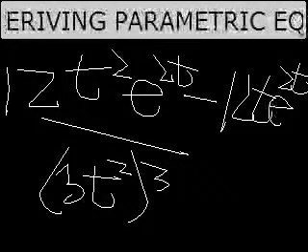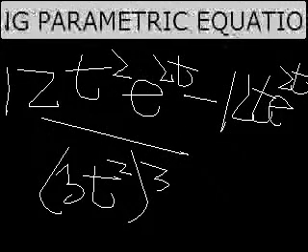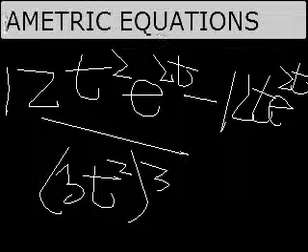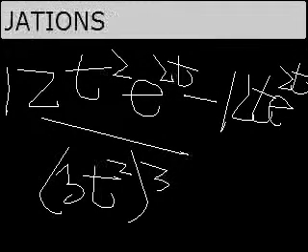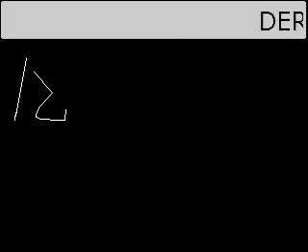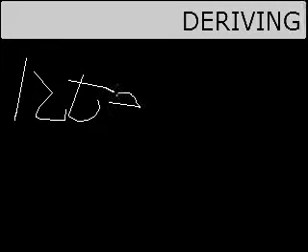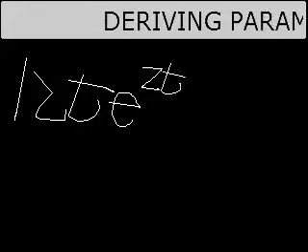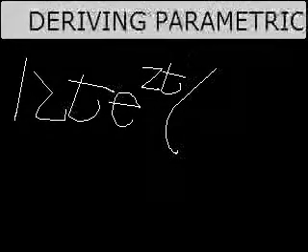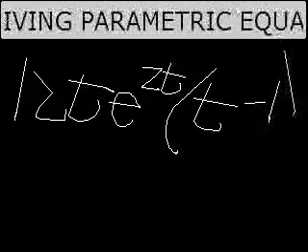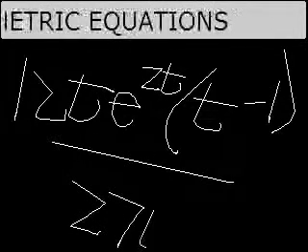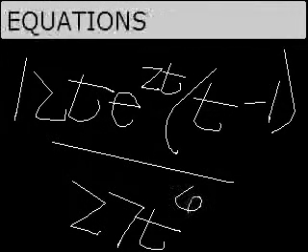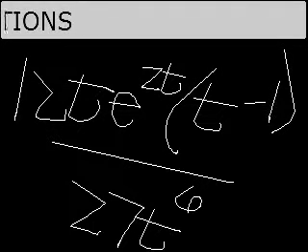It's to the third because when you divide by 3t squared, you just get another 3t squared in the denominator, so you change that exponent of 2 to 3. And this simplifies to 12t e to the 2t times (t minus 1), all over 27t to the 6th. And that would be your answer.